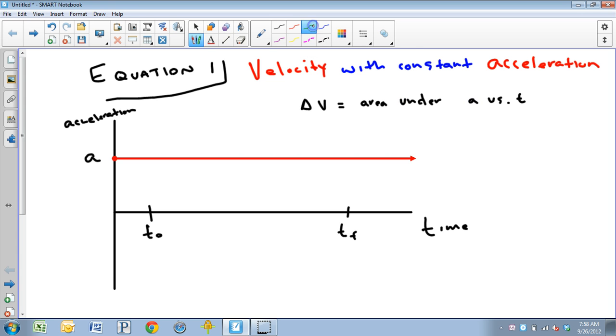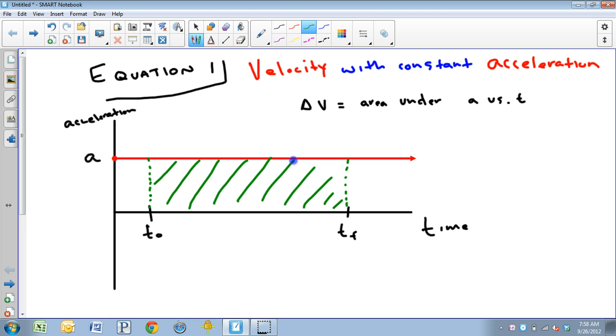And so if we were looking for the change in velocity from t initial until t final, we would be looking for the amount of area enclosed by this shape right here, this rectangle, which is this green shaded area. This green shaded area is a rectangle, which means its area is given in general by base times height.